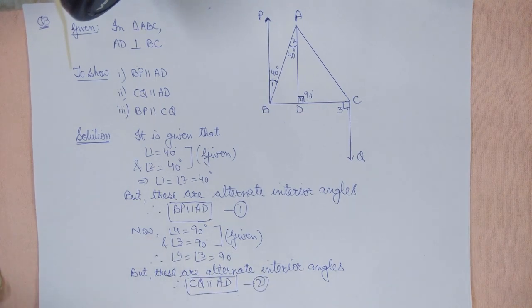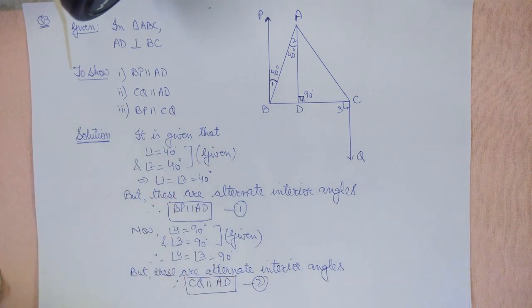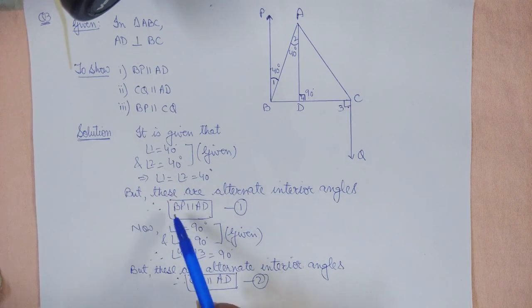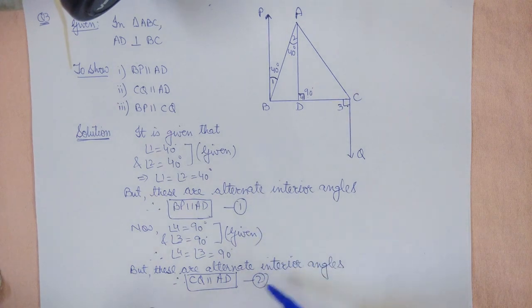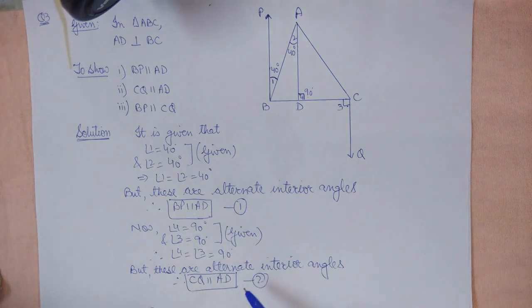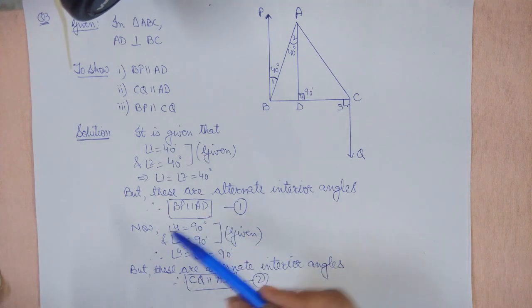Okay. Now, to prove the third part, look here. BP is parallel to AD. CQ is also parallel to AD. So what does it mean? From first and second: if BP is parallel to AD and CQ is also parallel to AD, isn't it?